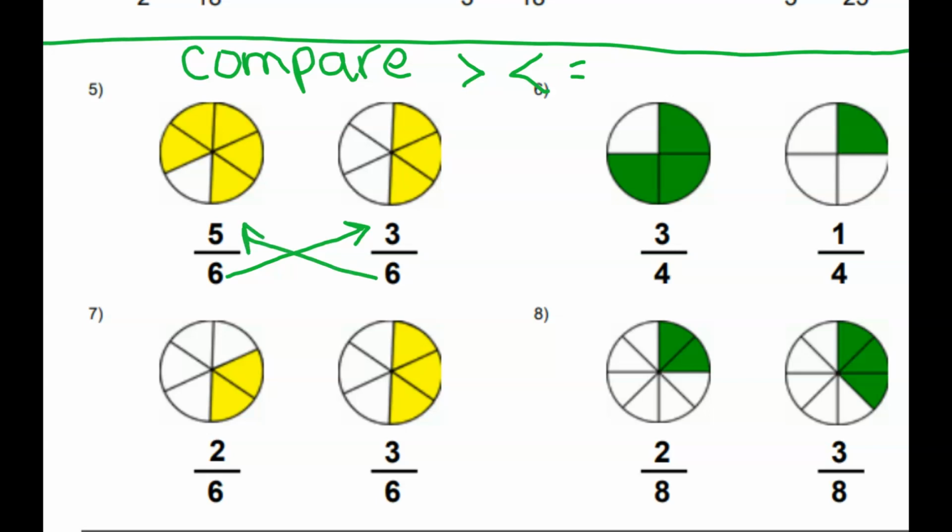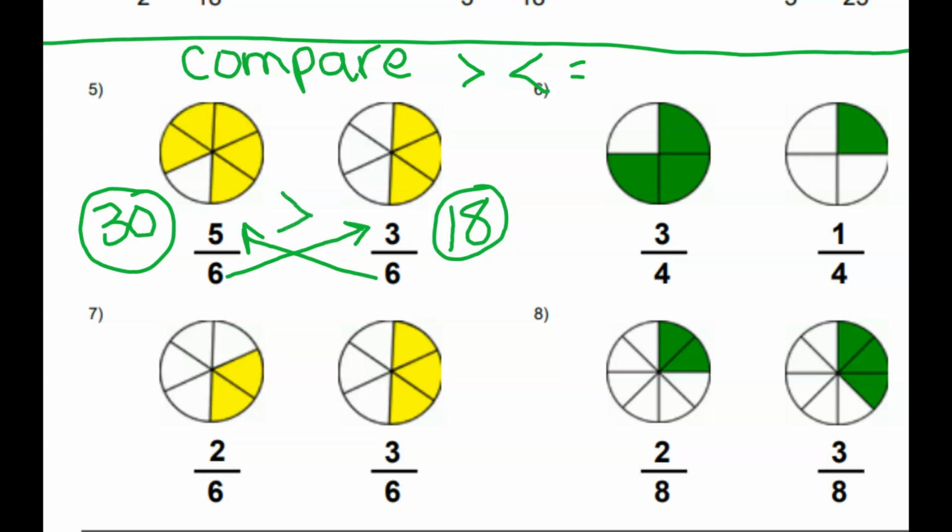So 6 times 3. What is 6 times 3? 18. What about 6 times 5? 30. Which fraction is larger? 30.